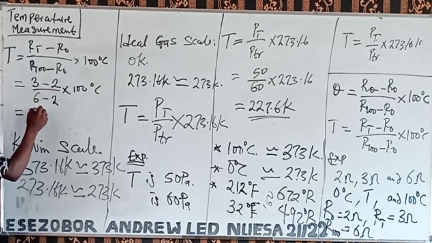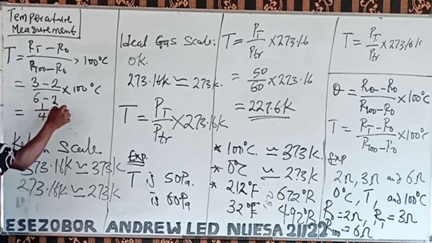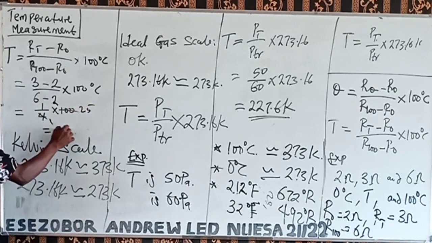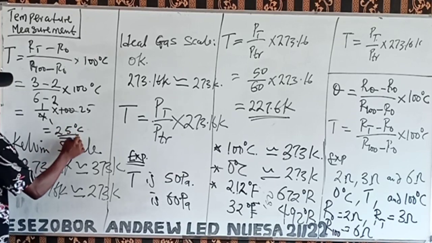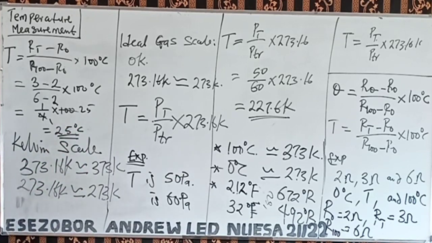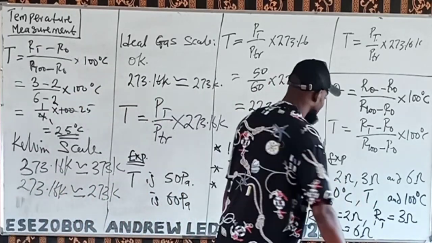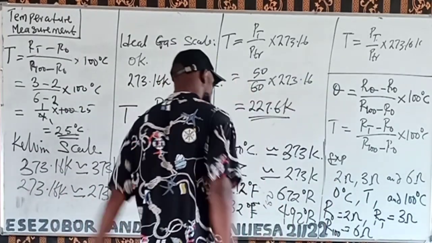This minus this is 1, over this minus this, that is 4, times 100. Now what is 1 over 4 times 100? 4 here, 1; 4 here, we have 25. This will give us 25 degrees Celsius. So 25 degrees Celsius will correspond to T.